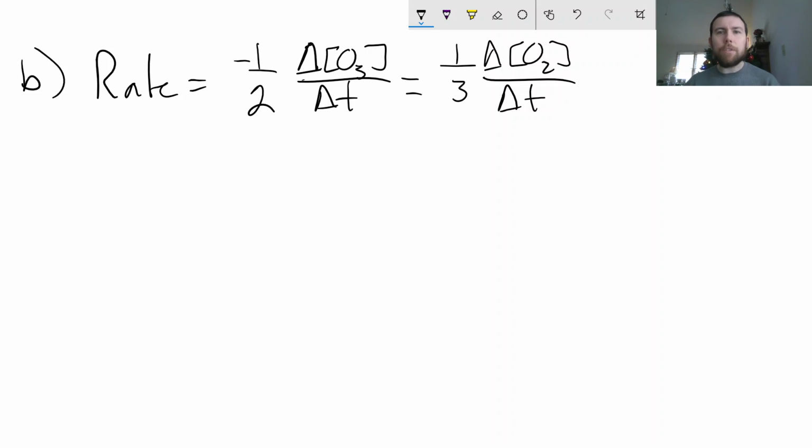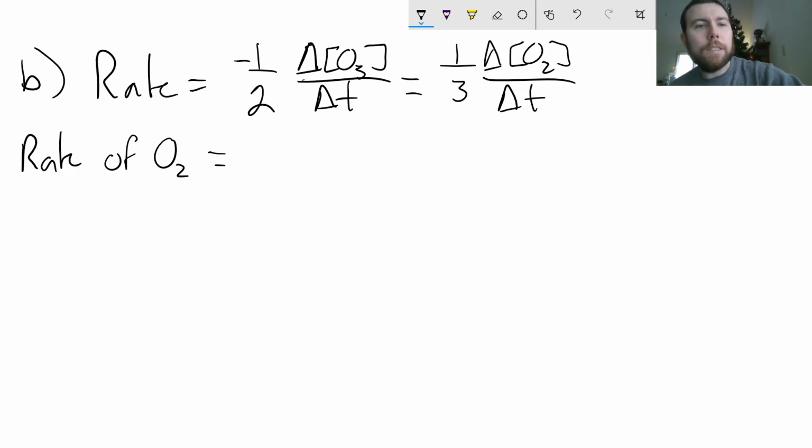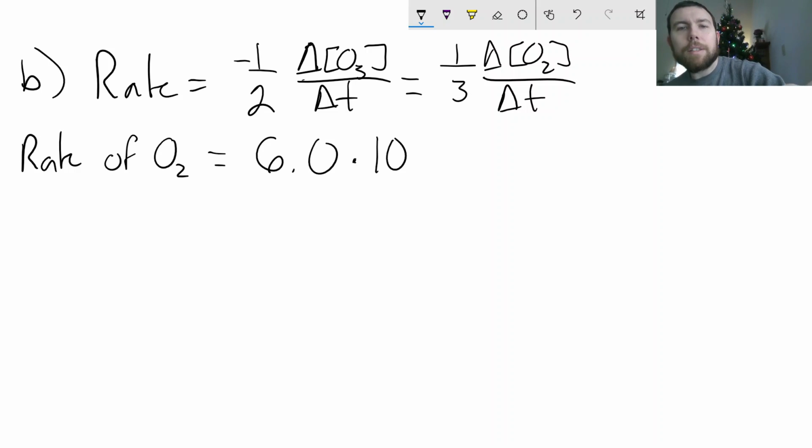And in part B of the question, they told us the rate of oxygen. They said that the rate of oxygen is equal to 6.0 times 10 to the negative 5th molar per second, right?